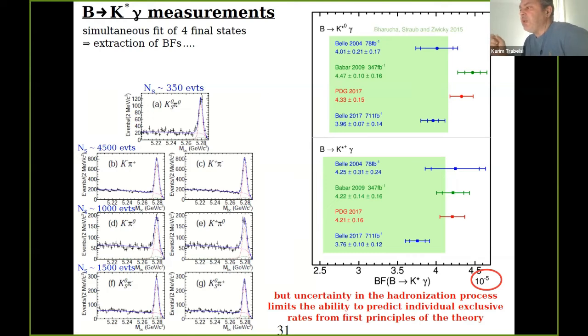And you see that the uncertainty in the theoretical branching ratio was quite sufficient until you reach this precision. Here the hadronization process limits the ability to predict more precisely than this. And the experiment here, the two B factories keep updating, and Belle II will do even more precise measurements.